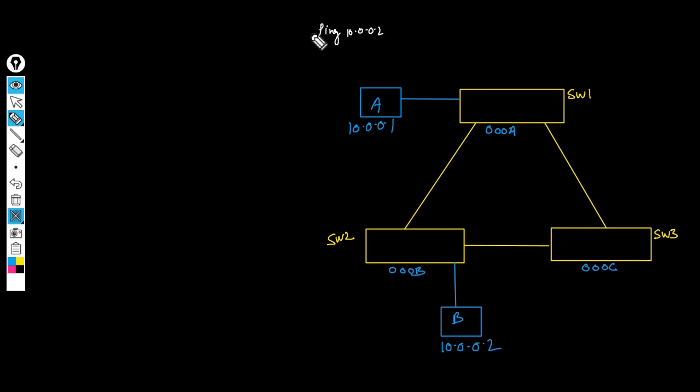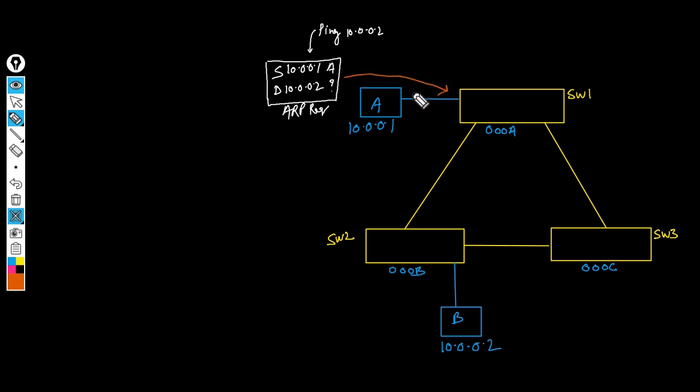Once you do this ping, it is going to generate a request saying, hey, my source IP address is 10.0.0.1, who is this destination 10.0.0.2? Give me your MAC address. This is basically your ARP request, which is a broadcast.